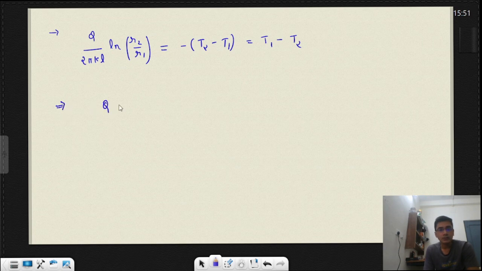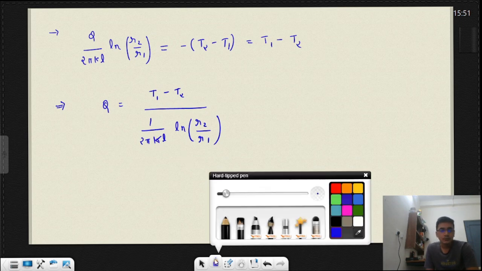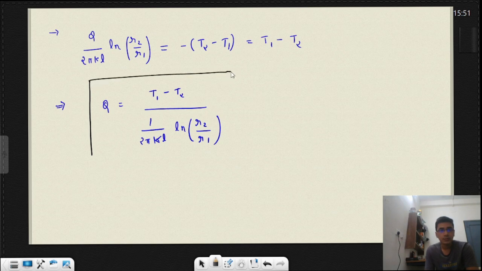Rewriting this equation, we can write Q equals T1 minus T2 divided by 1 upon 2 pi K L ln R2 by R1. Mind it, this is K. So this is the formula for heat conduction through a hollow cylinder without heat generation.